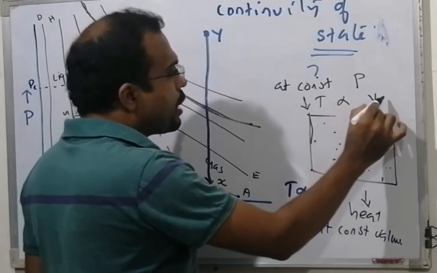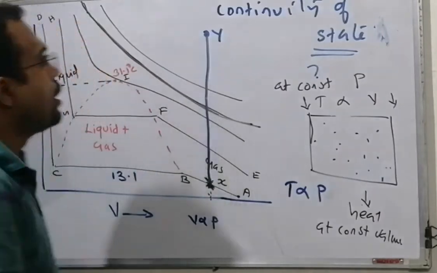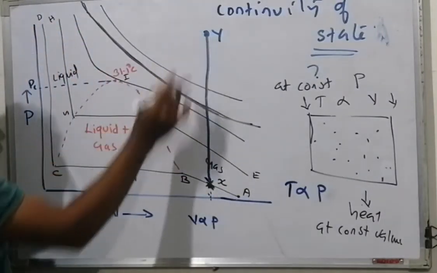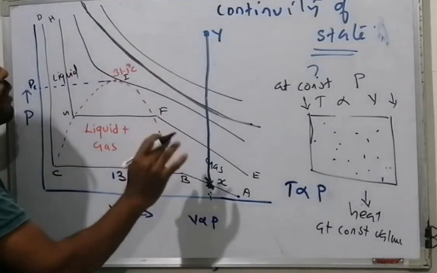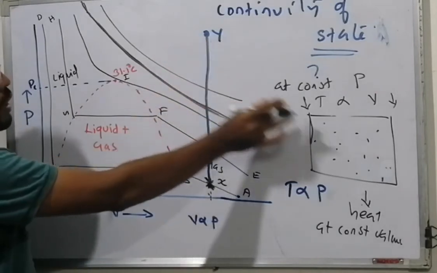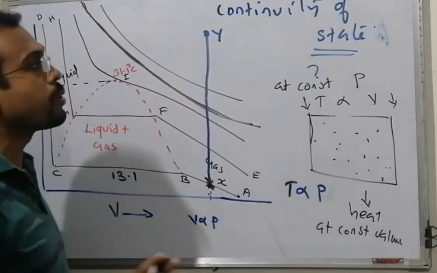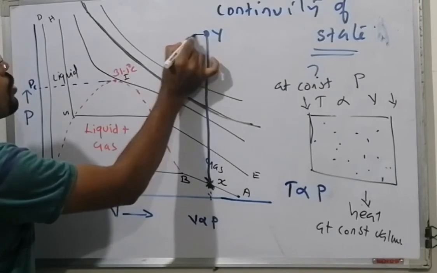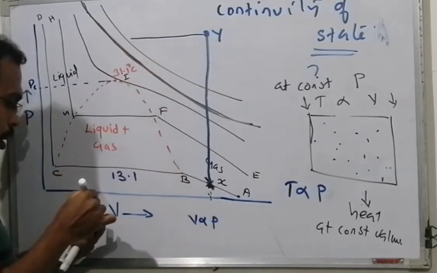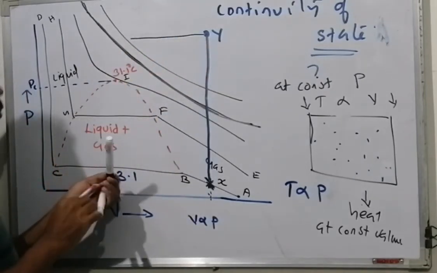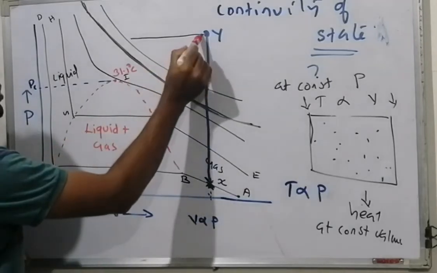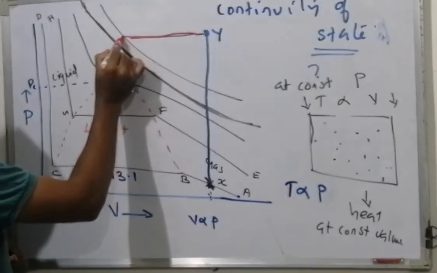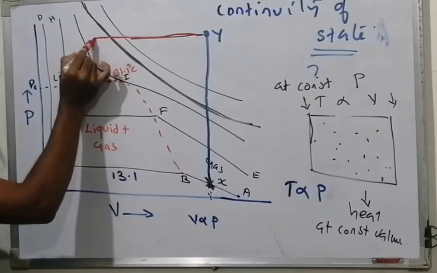If temperature decreases, volume will also decrease. At this pressure, you start cooling, and you know what happens? Since it is done at constant pressure, the volume started to decrease along this route. Pressure same, volume decreases.